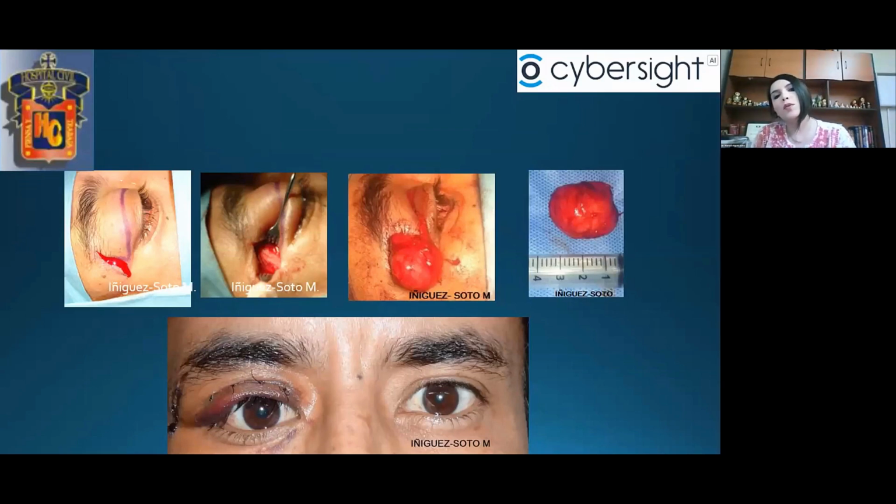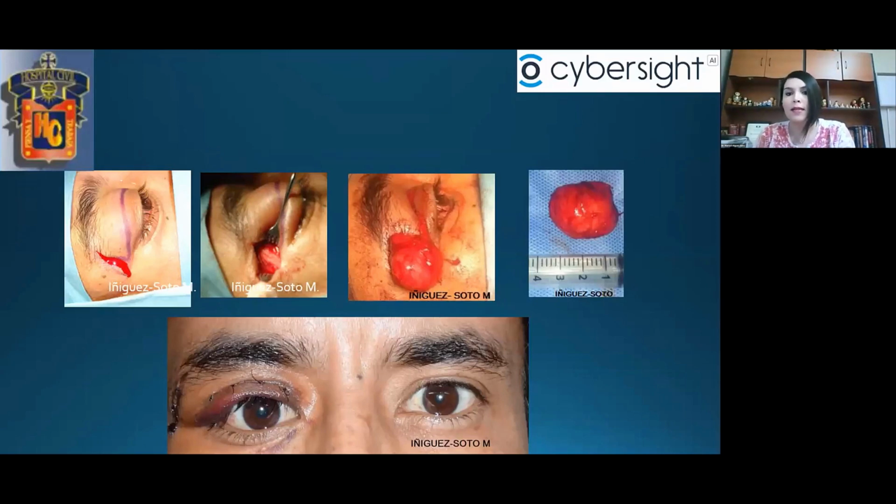Then we open it, we arrive at the periosteum, and we have to be very careful with the external muscle, because if you don't have a very good strabismus team, you are going to have a little bit of problems with the movement of the eyeball after the surgery if you are not very careful, or maybe if the mass is too big. So always have a good friend in strabismus surgery.